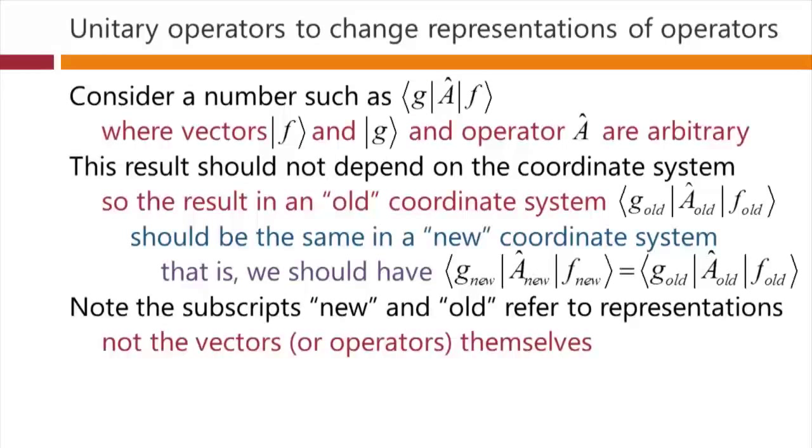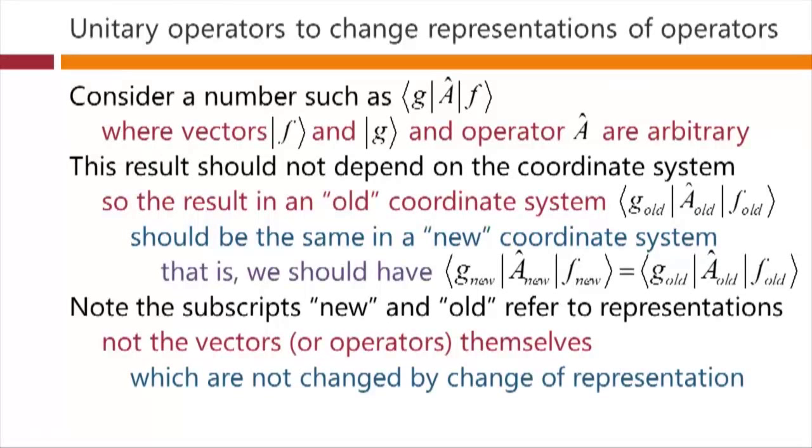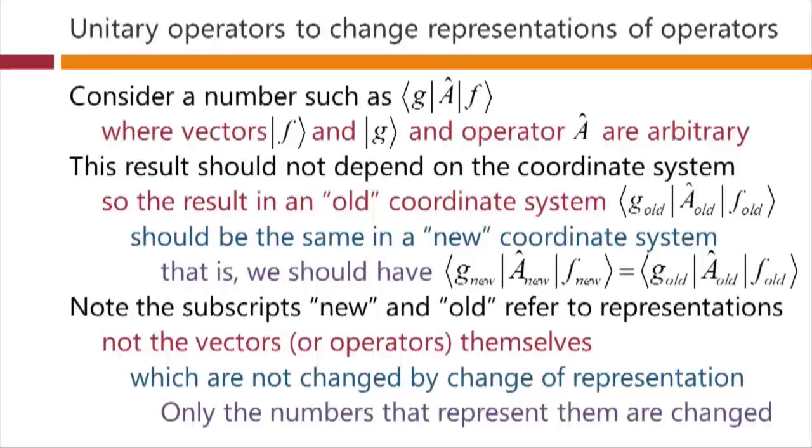We're saying the vectors are really the same vectors and the operators really the same operator. It's just the way we're writing them down that is different between this expression and this expression. Only the numbers that represent these vectors and this operator have changed, not the vectors themselves and not the operator itself.